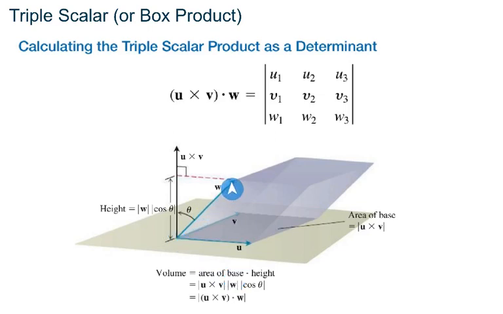And then my height is being determined by my w vector. And rotating that in this direction toward the perpendicular vector u cross v, we're going to find that height by the magnitude of w times cosine of that angle between the perpendicular vector and my essentially height vector w.